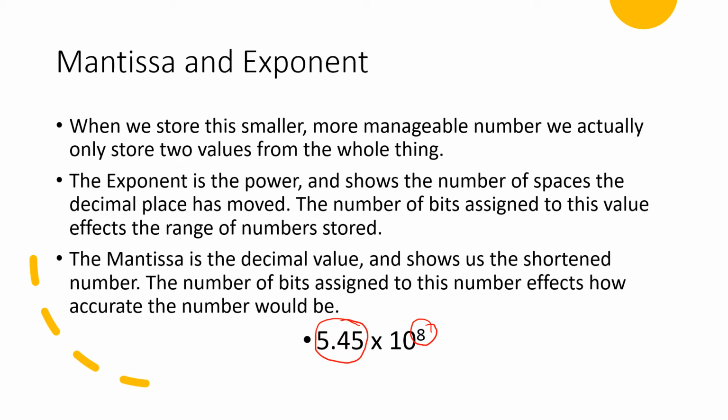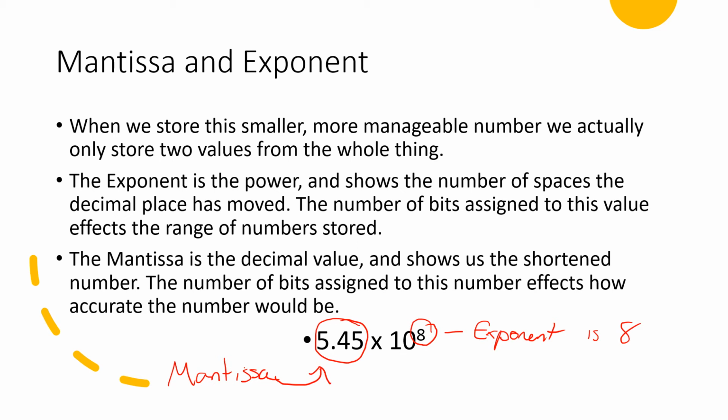So if I asked somebody what was the exponent, you can see this is the power, and straight away we would just say the exponent is 8, and our mantissa is simply this value exactly as it is there.